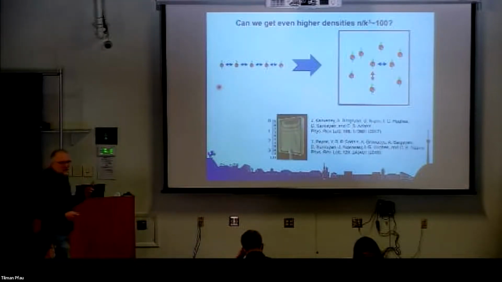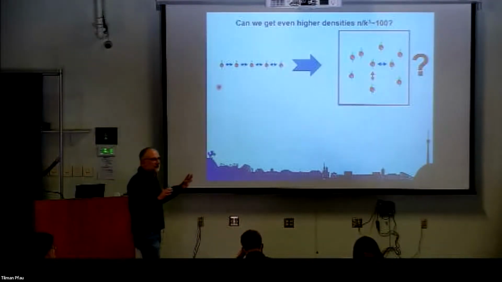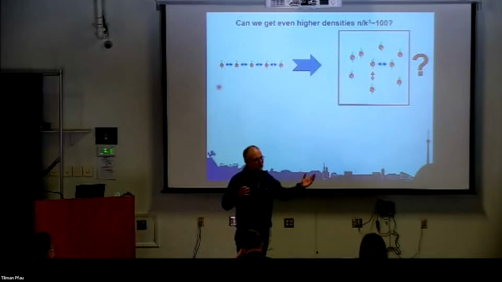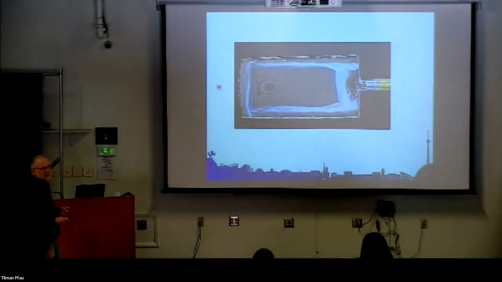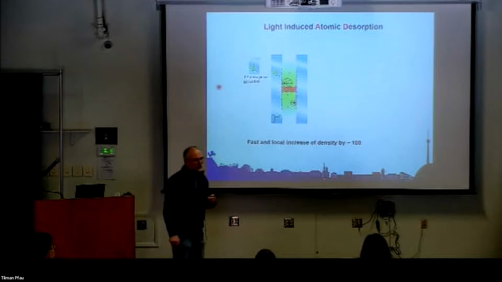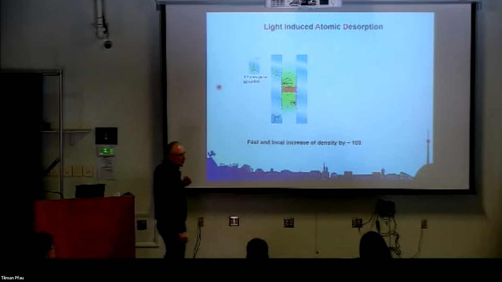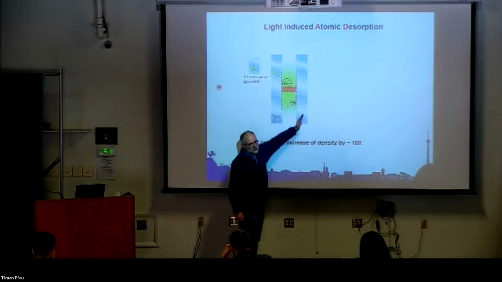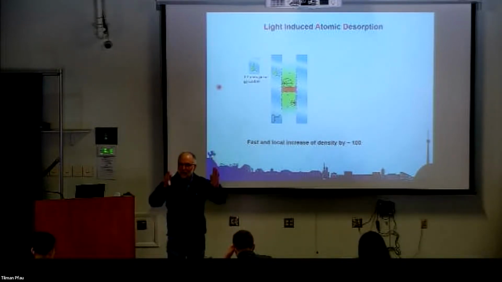Well, this experiment was a CW experiment, and there is a CW density in the vapor cell just by heating it up. But there are other methods that you can use to increase the density locally by orders of magnitude. The technique that we are using here is called light-induced atomic desorption. So if you think about the vapor cell made of 2 glass plates, then there is the vapor between the 2 glass plates, but there's also a coverage on the glass walls.